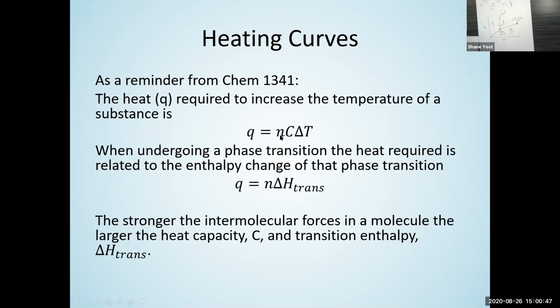If you go through a phase transition, the heat required is just the enthalpy of that transition times the number of moles undergoing that transition. The more stuff undergoing a phase transition, the more energy it requires, okay?